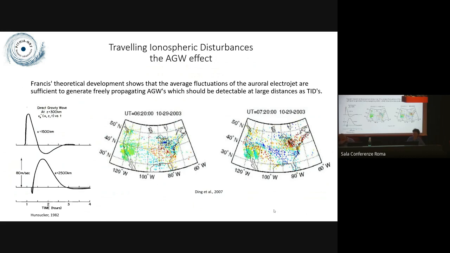And here you can see the traveling ionospheric disturbances detected by using TEC, the detrended TEC, for the Halloween storm over the US.